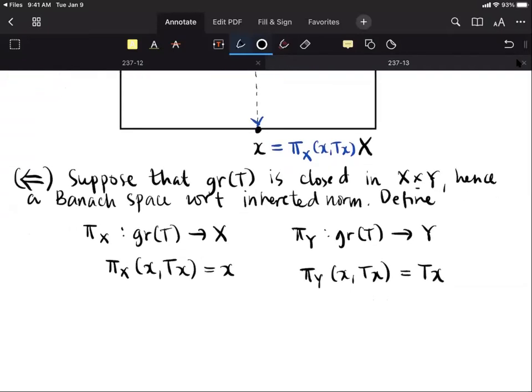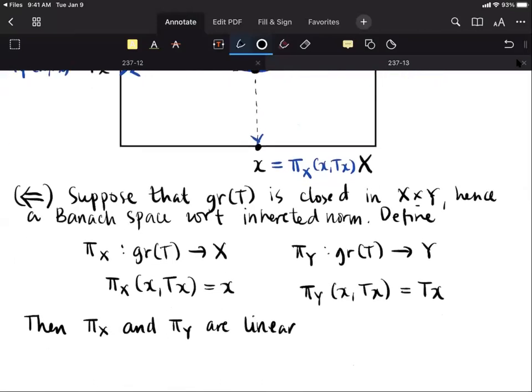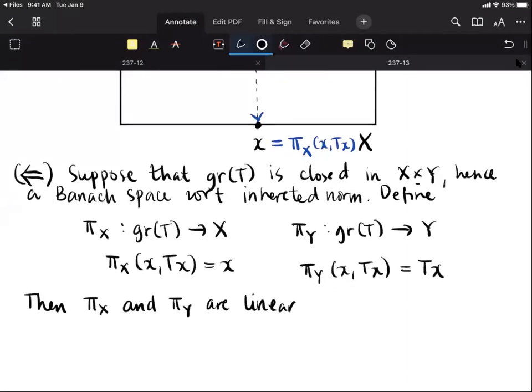Then you can immediately show that pi x and pi y are linear and bounded.